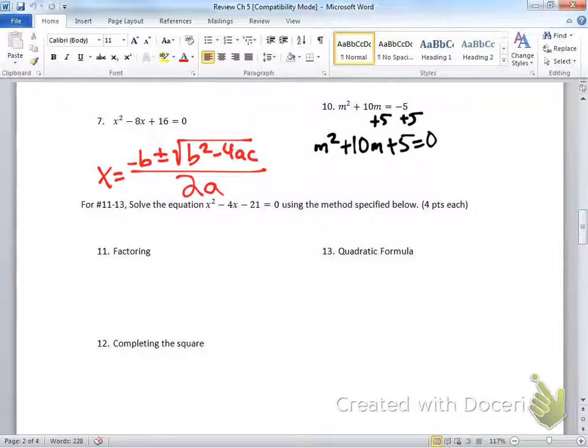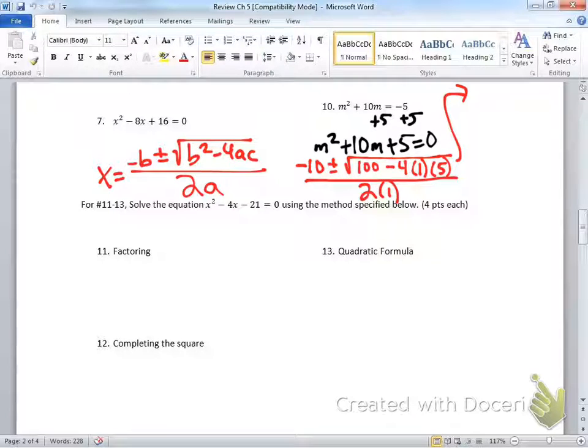So negative b is negative 10 plus or minus the square root. b squared is going to be 100, minus 4 times 1 times 5, all over 2 times 1. So it's 100 minus 20, which is 80. So negative 10 plus or minus square root 80 over 2.